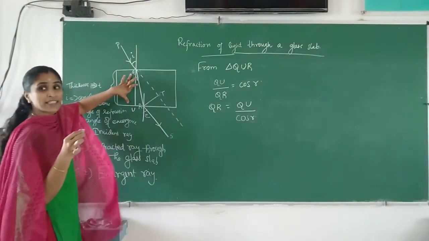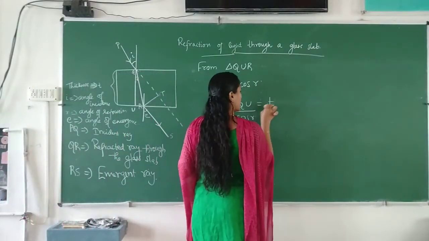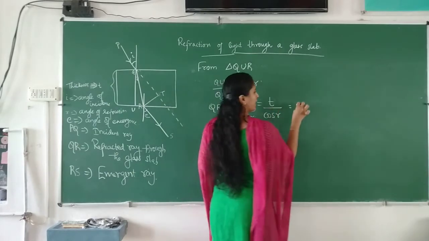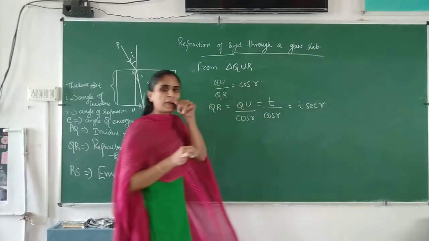QU is the thickness of the glass slab, that already we mentioned, T by cos R. That can be written as T sec R. Okay, is it clear?